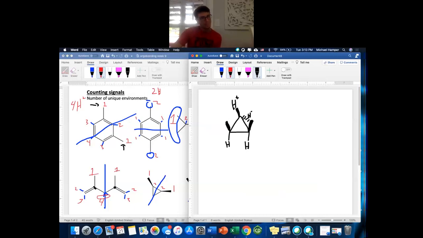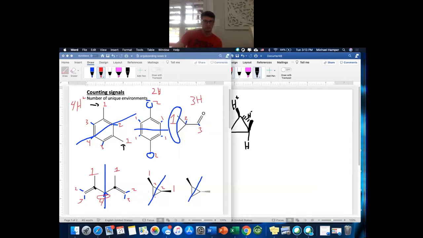This H plus is on the same side of the methyls, so it will feel these methyls as well as these have hydrogen clouds themselves. So even though there's two hydrogens here, they will each have their own individual signals. So 3 and 4.